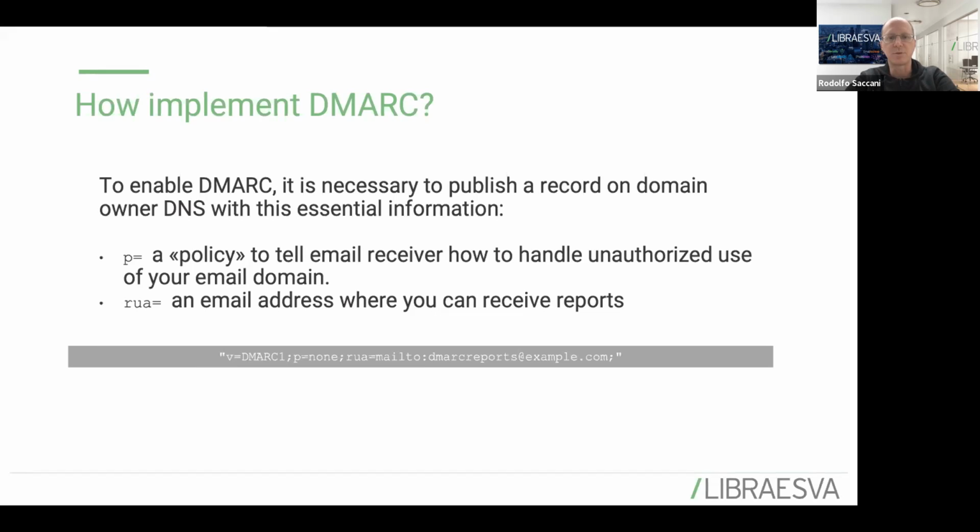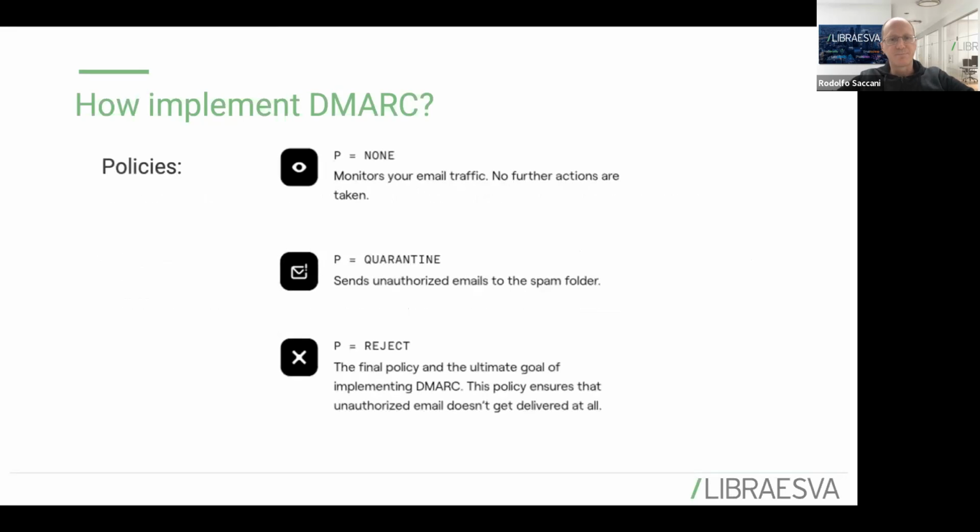So this is a very important tool. In this case, I'm publishing an email address where I'm going to receive these reports. It's usually 1 report per day, which aggregates all the emails that have been received by that domain within the last 24 hours.